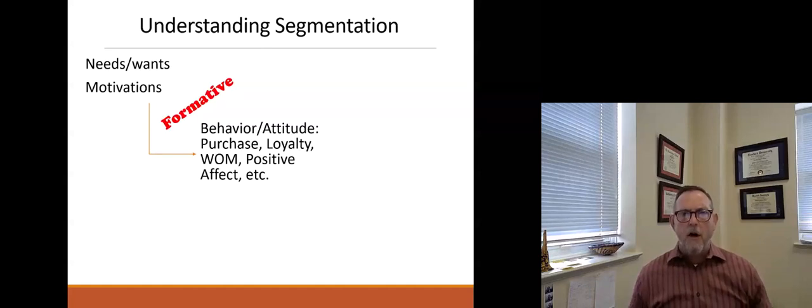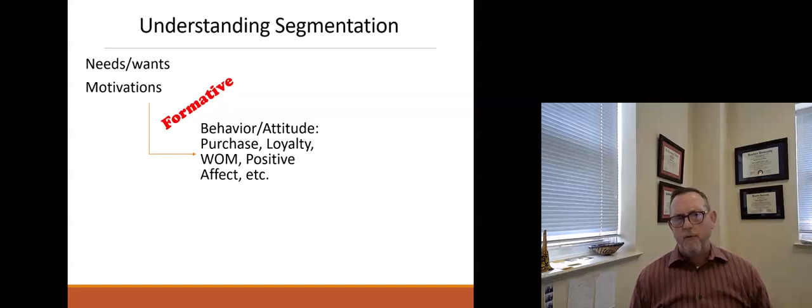From that, we have things like behavior, attitude, purchase loyalty, purchase behavior, word of mouth behavior, like they're willing to talk about our product or spread news about it. Affect, which can be positive or negative, but these tend to be very internal traits, right? So these are internal traits, and sometimes we call these formative indicators.